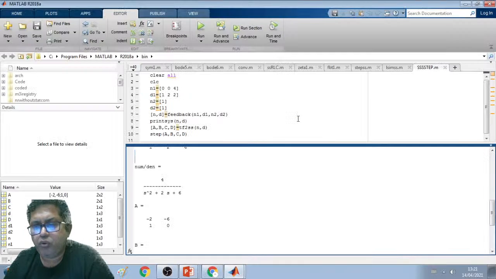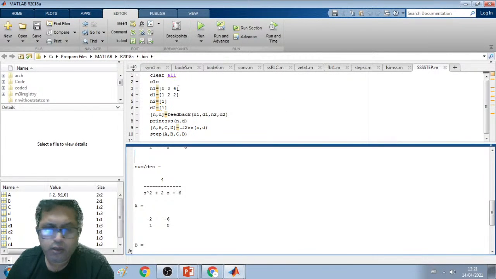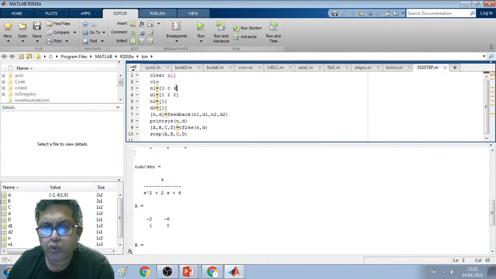Straight away go to our hands on. See here, the s cube term will be there in the denominator. S cube is 0, s square is 0, s is 0, constant is 6.